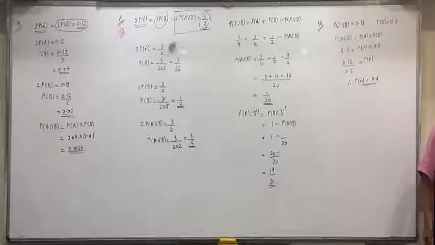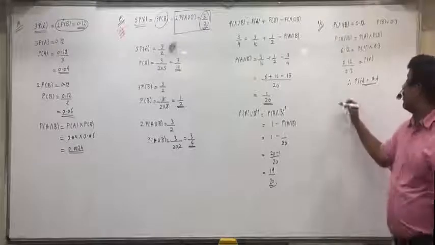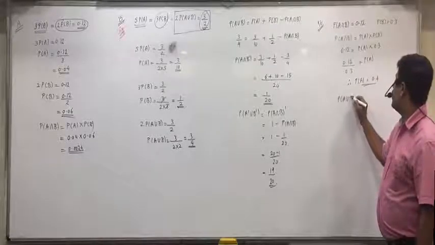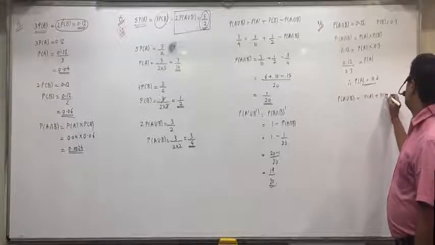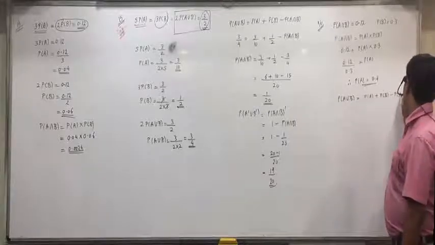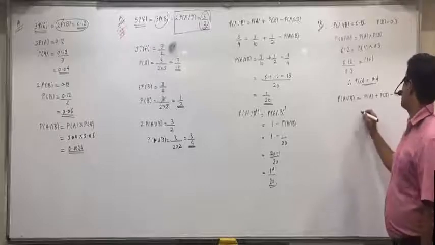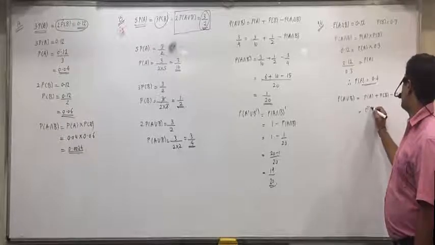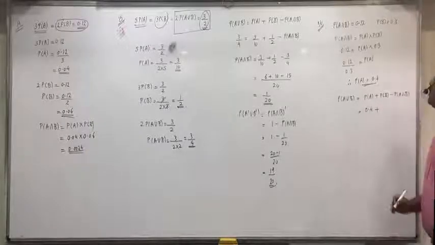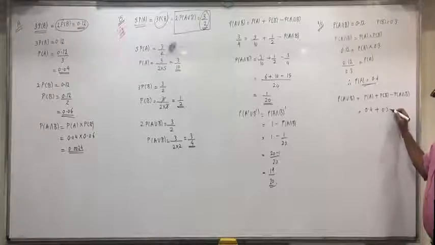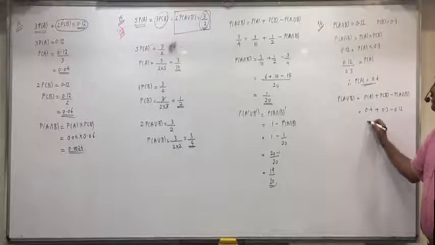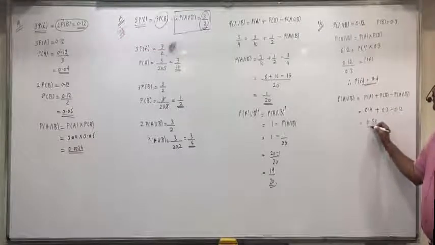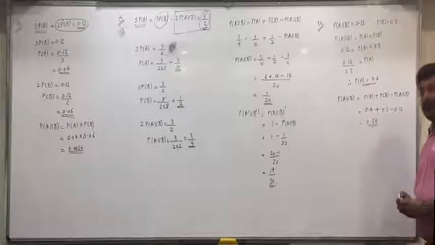Now can we find P(A union B) or not? P(A union B) equals P(A) plus P(B) minus P(A intersection B). P(A) 0.4 plus P(B) 0.3 minus P(A intersection B) 0.12 is 0.58. Is everyone clear with this?